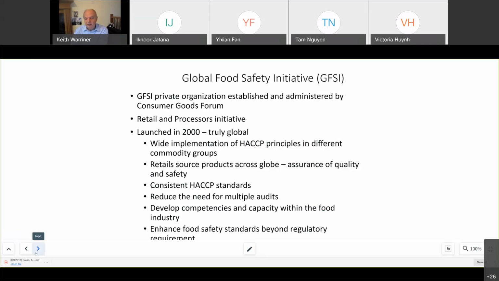Anytime you go to industry, they'll say, oh, I've got an audit this week, and next week another audit. They have all these different auditors coming in from all these different retailers. So retail says, if we had a standard, we'd just need to send one auditor in. Now, the reality is it's not quite that easy, but I think you get the idea.